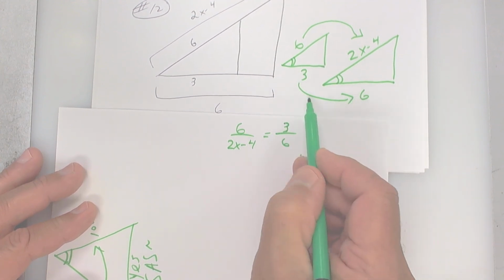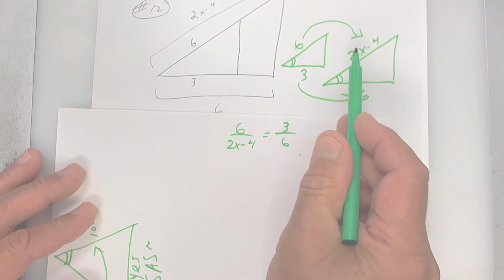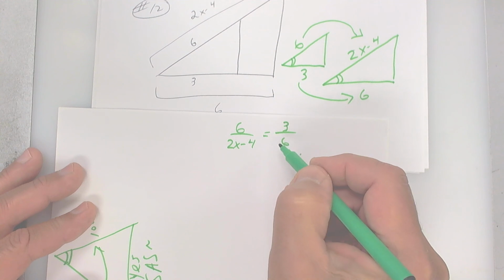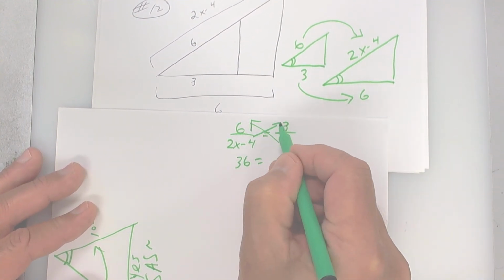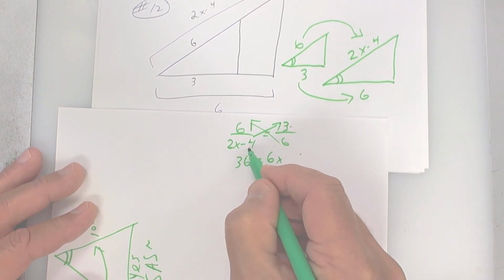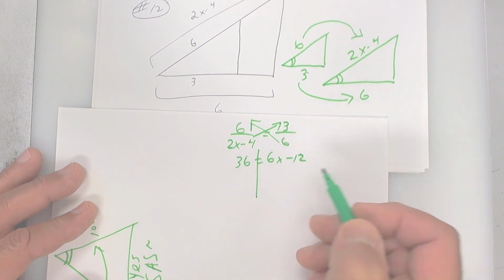Notice the dolphins are swimming in the same direction. Okay? If one dolphin goes one way and the other dolphin goes the other way, you'll miss it. So you're going to get 6 times 6 is 36, and then you got to multiply this by 3. So 3 times 2x is 6x. 3 times 4, make sure you do that one, is a negative 12. Draw your line.